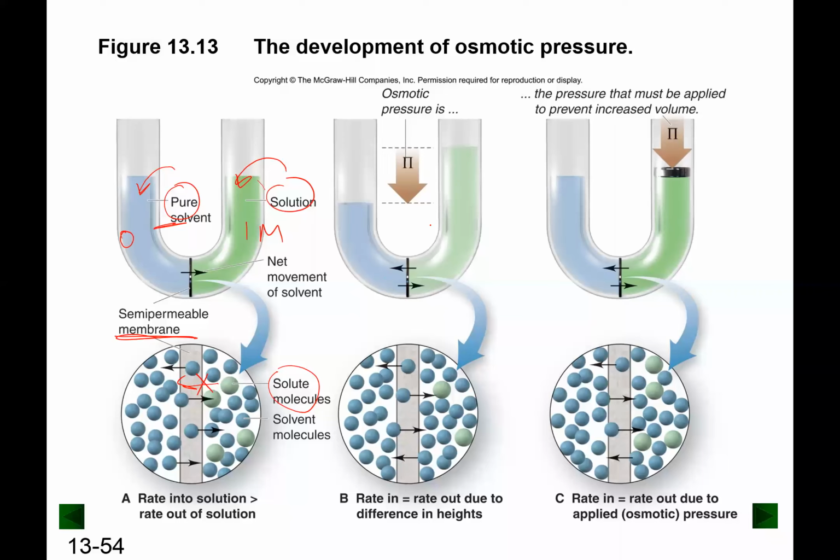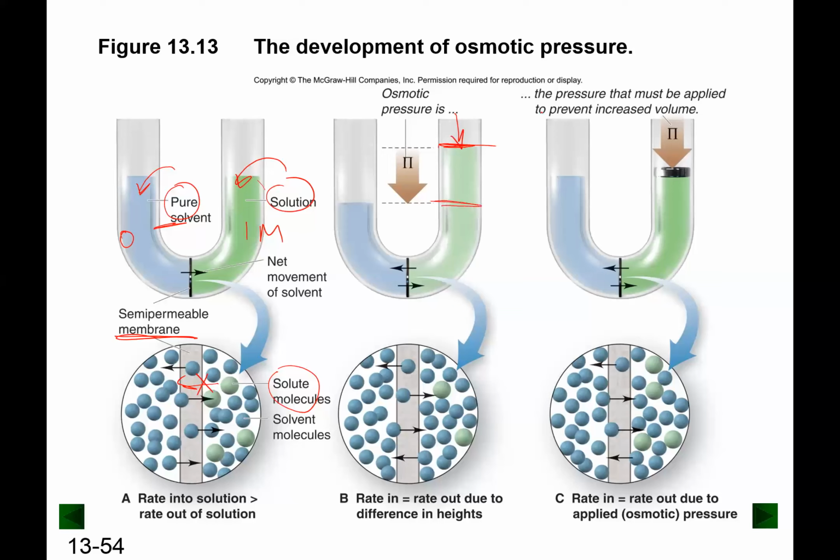And the flow will generate basically a pressure. The pressure will be equivalent to the height of this column. So if this is open to air, the pressure that this exerts will depend on this column of solution here. But we could measure the osmotic pressure if we were to take a little piston and put it right here, and we pushed it down.